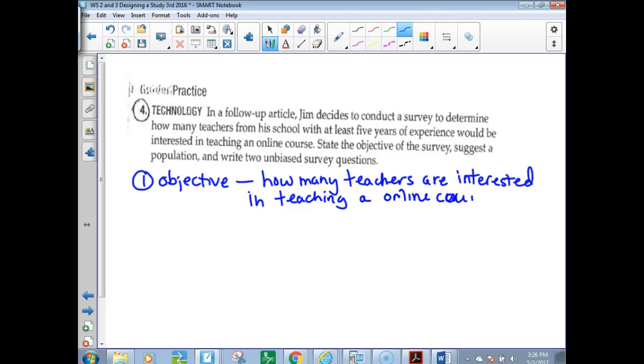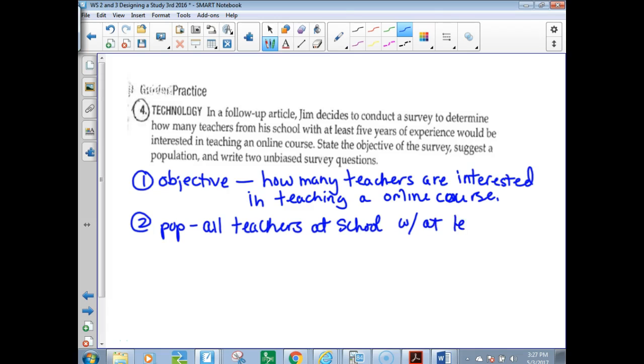What's your population? What teachers, though? Okay, the population that you want to survey from would be all teachers at the school with at least 5 years of experience.